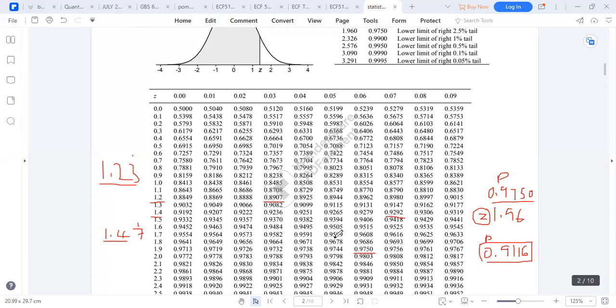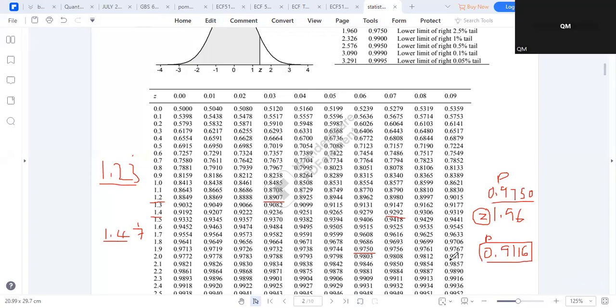So the closest is which one? 0.9116, the closest is this one here, right? Yes, 1.35, correct.